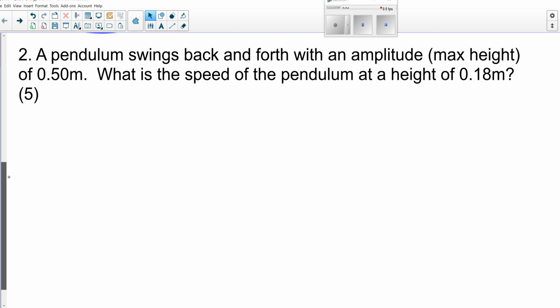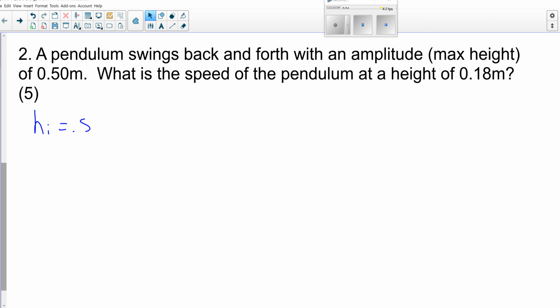All right, in our second one, we have a pendulum swinging back and forth, and again, they tell us the amplitude, which is actually measured as a height for a pendulum, is 0.5 meters. So I'm going to say H initial is 0.50 meters, and recognizing that that's its maximum amplitude, I'm also going to write that its initial speed is 0.